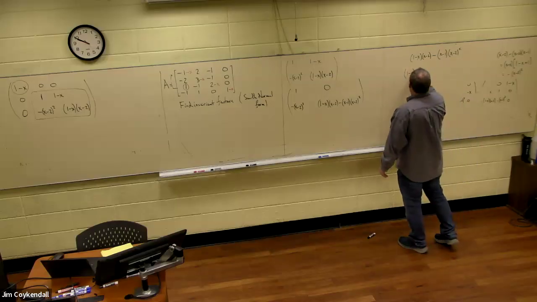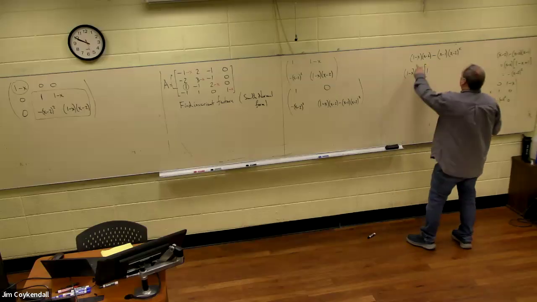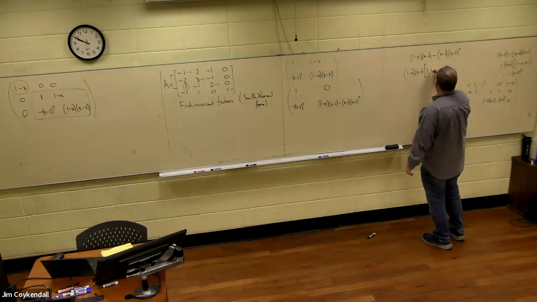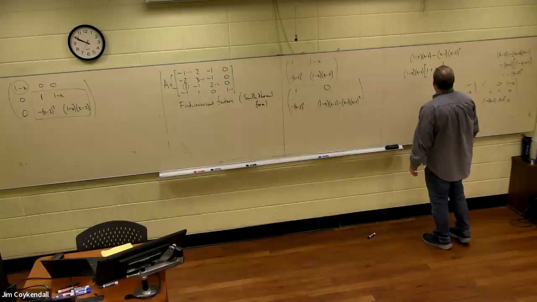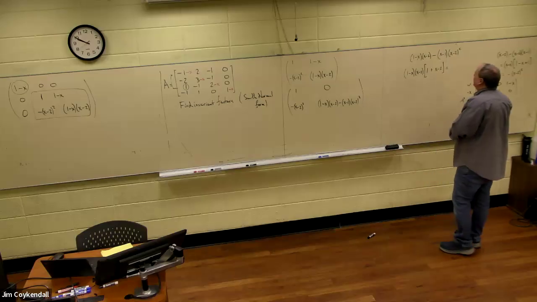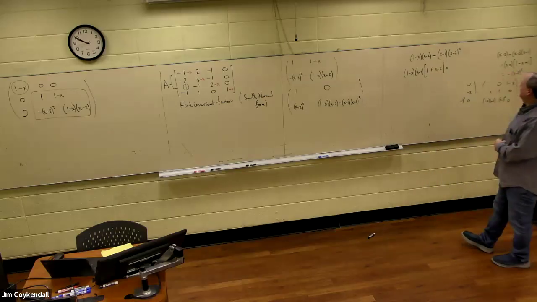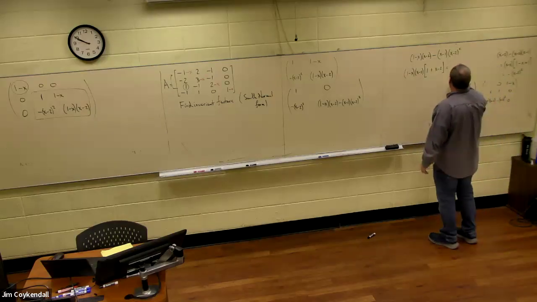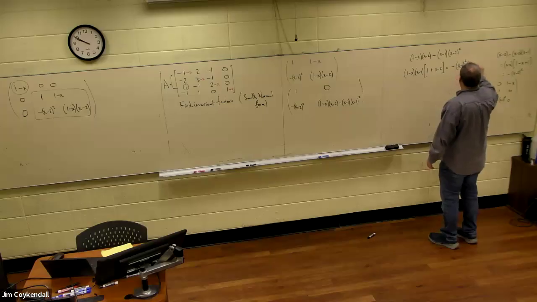This is 1 minus x, x minus 2. This leaves a 1. This leaves a change of sign. So does that look right to you guys? Yeah, that's right. So this is minus x minus 1 squared, x minus 2.